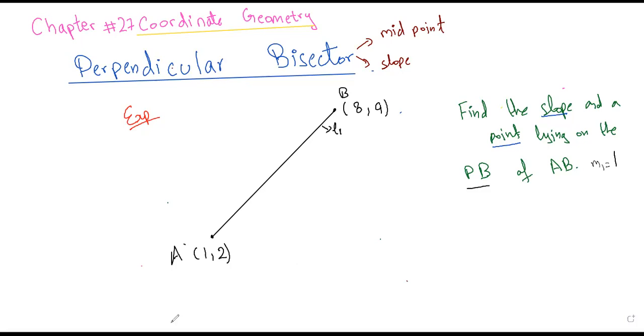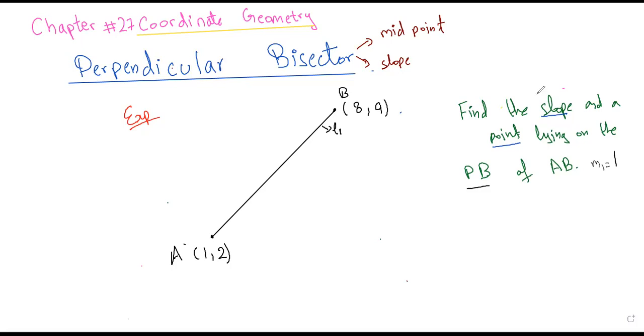Good, Turhan. And what about the slope of the perpendicular bisector? Well done, Saneem, and very good, Turhan. Both of you have calculated the point correctly.